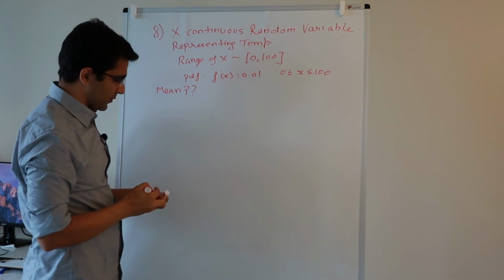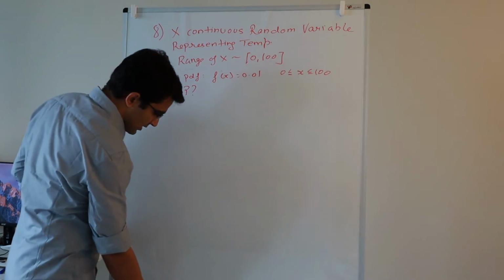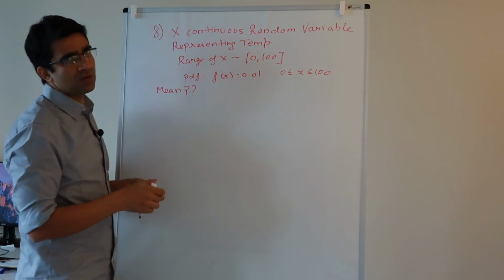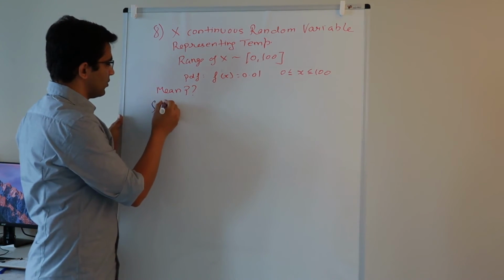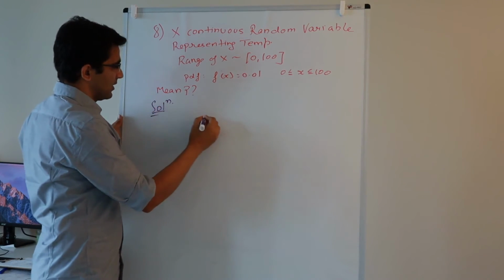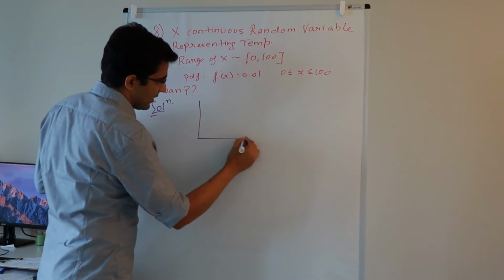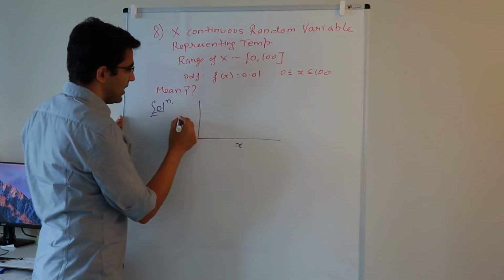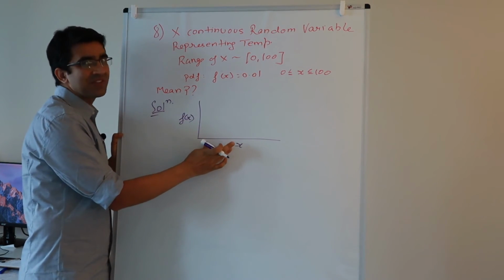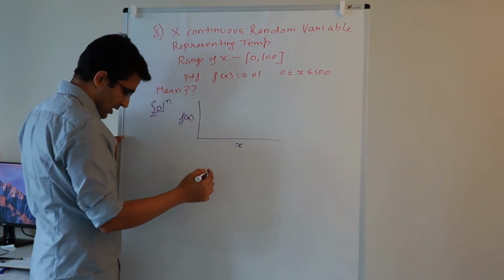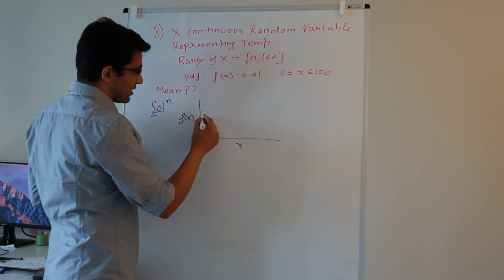So solution, first of all, it's actually a very simple question for someone who has studied statistics. What you have here is x, and what is the probability of x? What is the probability of getting that particular value? This is a probability density function.